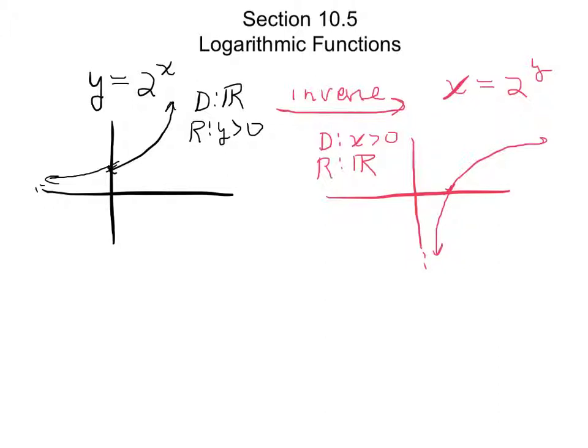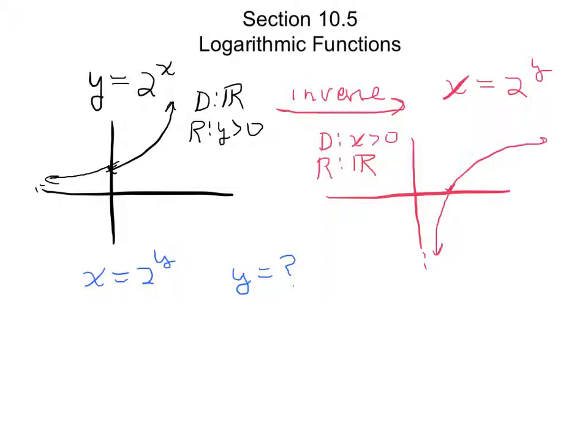So now, let's look at x equals 2 to the y. And what we want to do is solve it for y. The problem that presents itself here is there's no algebraic technique that will enable us to take this expression and solve it or isolate y.